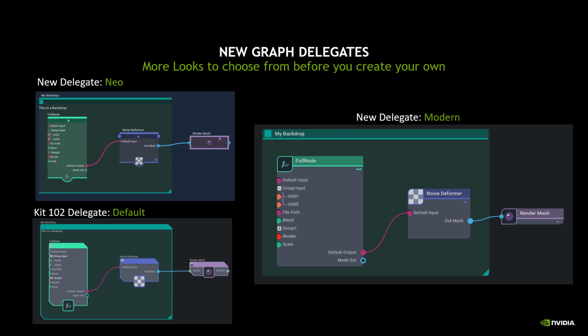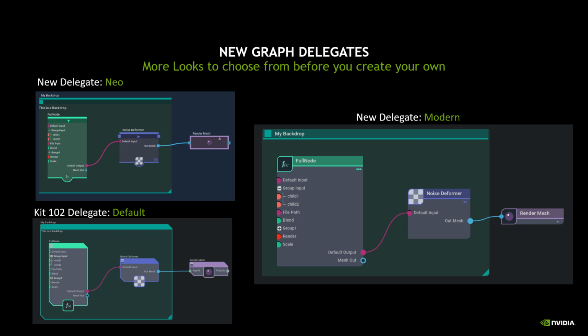There was also the addition of a couple of great new delegates. Remember, the delegates for the graph are the extensions that generate the look for particular graph items. We had the one from 102 at the bottom left, which we called the default back then, which is the one that was used in the material editor, for example. For this release, we're adding two new delegates. One called Neo, on the top left-hand side, which shows slightly different arrangements of the nodes and different looks, just so you see how these things can be constructed differently.